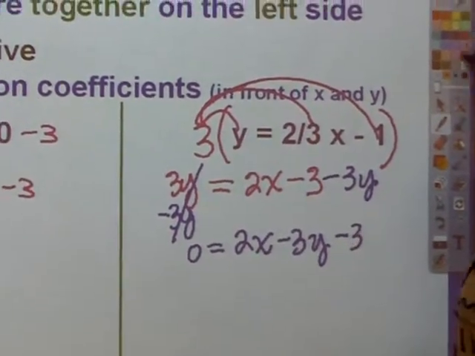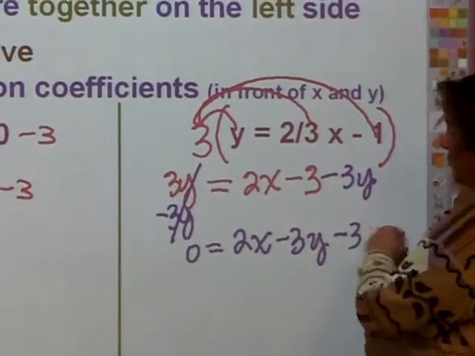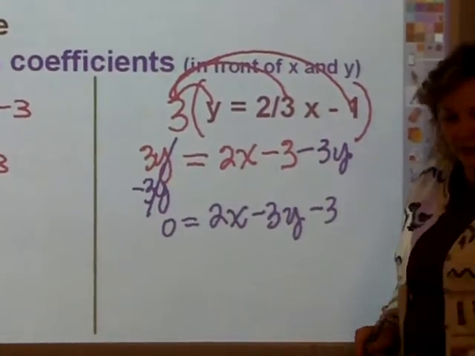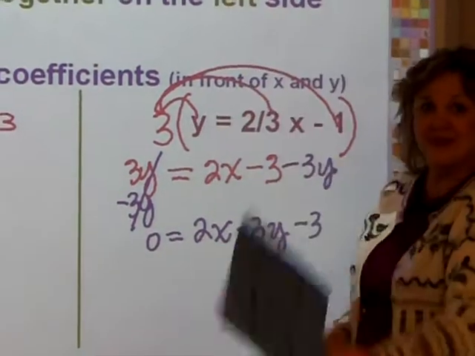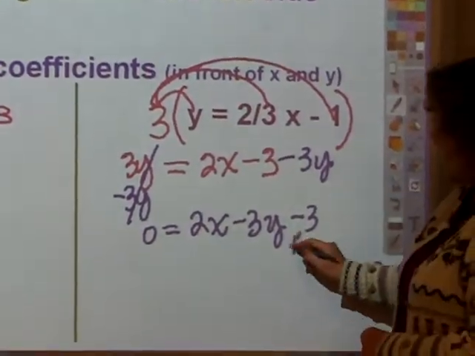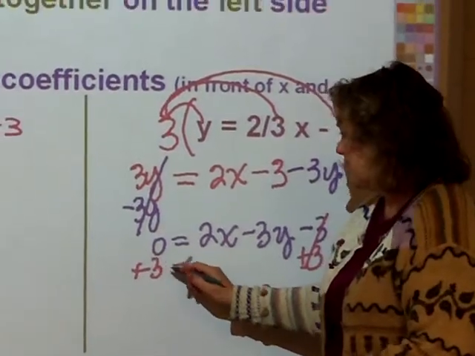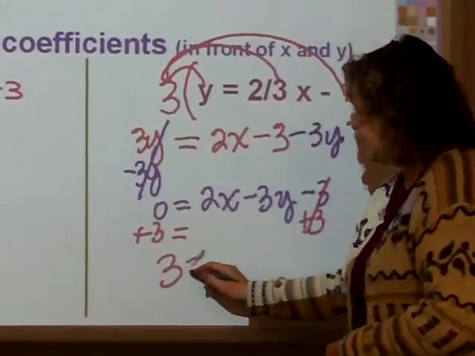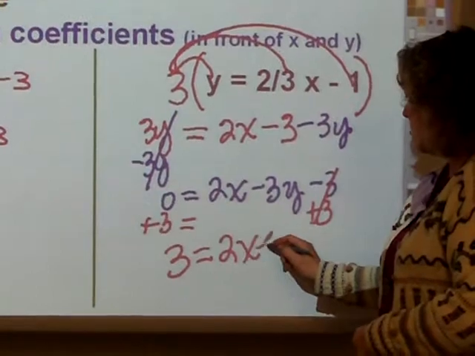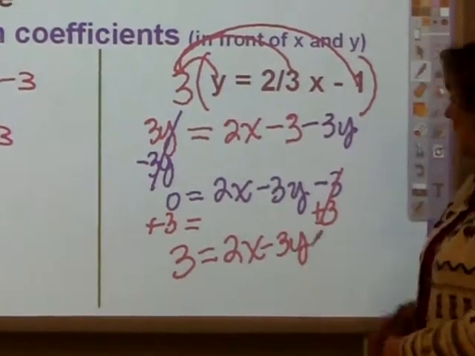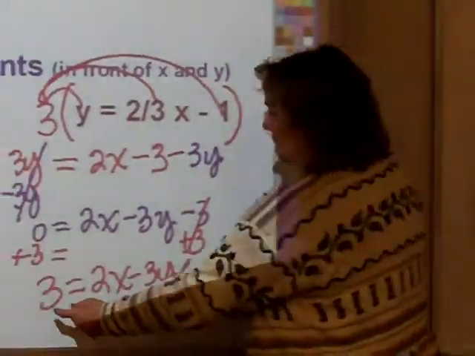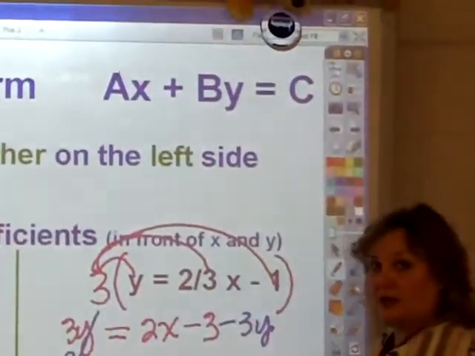Alright, now we have to do one more step, and that's get rid of this 3, which has been subtracted, right? So, in the inverse, we are going to add 3. Add 3 to 0. Okay, 0 plus 3, of course, is 3. 2x minus 3y. Okay, we're almost done. This does not look exactly like that yet because it's the other way around.